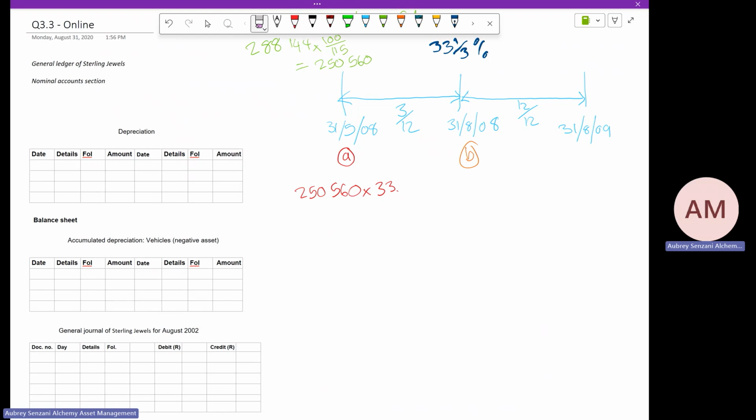Let me actually do it like this. I want to put it as a decimal. 33 and 1/3 is the same as saying 0.3333. I'm just going to go to 4 decimal places, times 3 over. Ooh, I'm now going on into the other side. Let's do this.